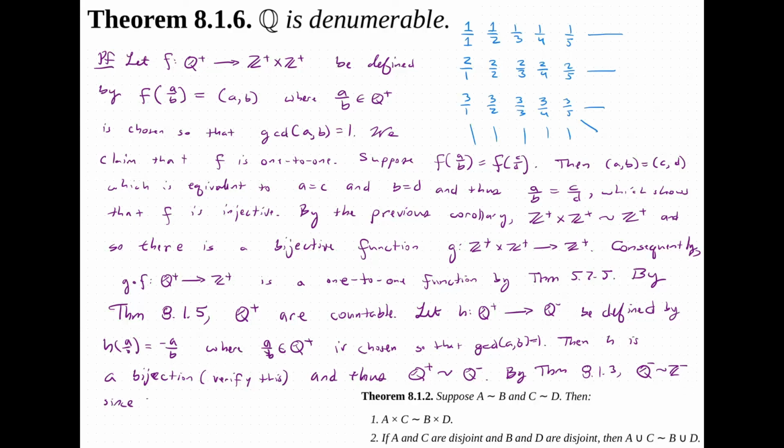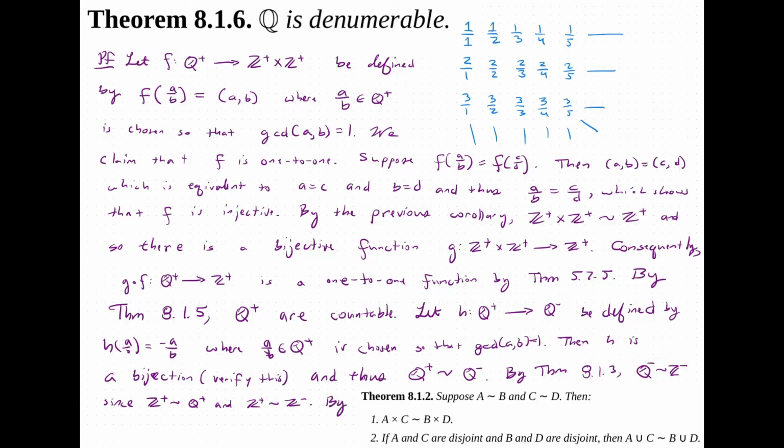Since the positive integers is equinumerous to the positive rational numbers, as we just showed, and the positive integers are equinumerous to the negative integers, we get this statement.